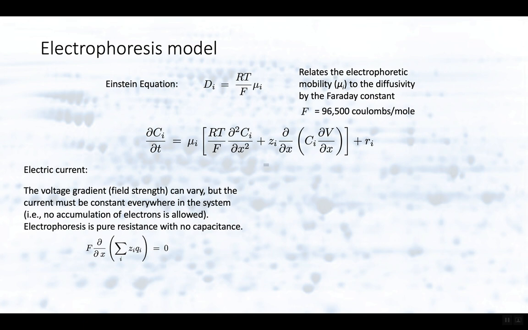There's a drag on the ion as it's moving through a stationary fluid, and that drag translates into an electric current that transfers into heat. That's called Joule heating, and Joule heating occurs in all electrophoretic processes.